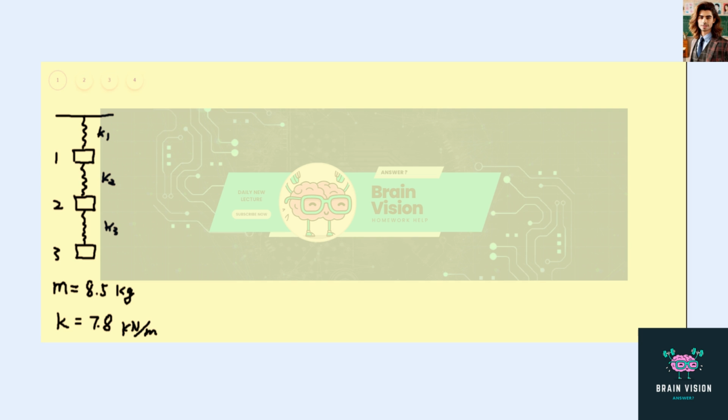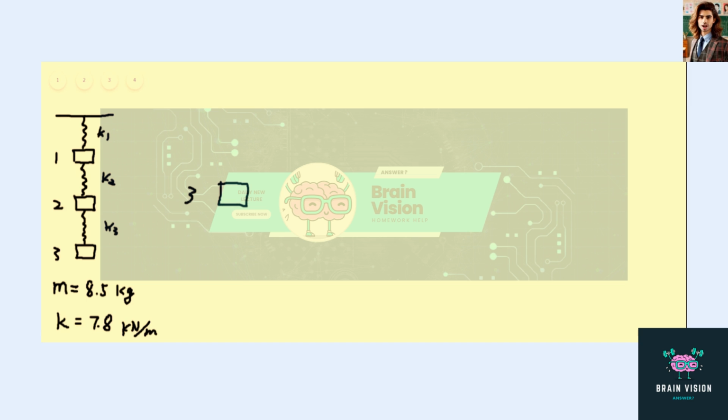If you look at the structure here, we notice mass number 3 is attached to only one spring, so it's relatively simpler than mass number 2 and mass number 1. So we start with mass number 3.